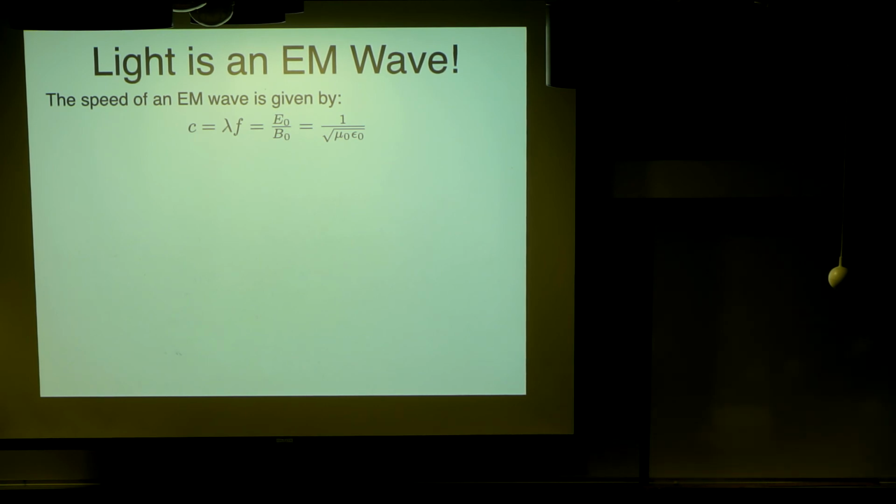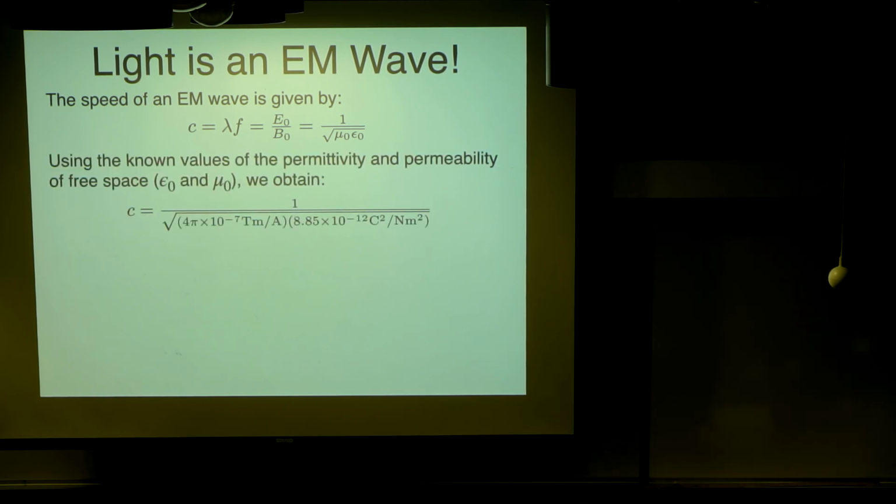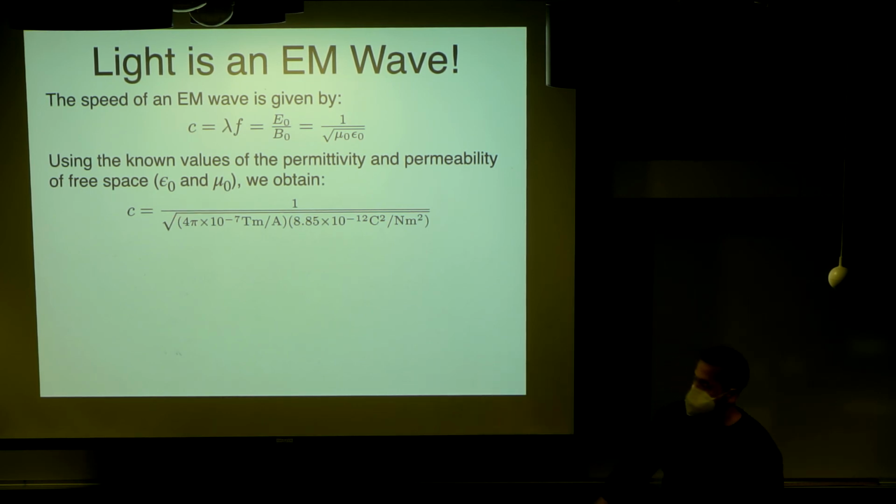And we can plug in the values. We know the values of epsilon naught and mu naught. Mu naught is 4 pi times 10 to the minus 7 Tesla meters per amp. Then epsilon naught is 8.85 times 10 to the minus 12 Coulomb squared per Newton meters squared.